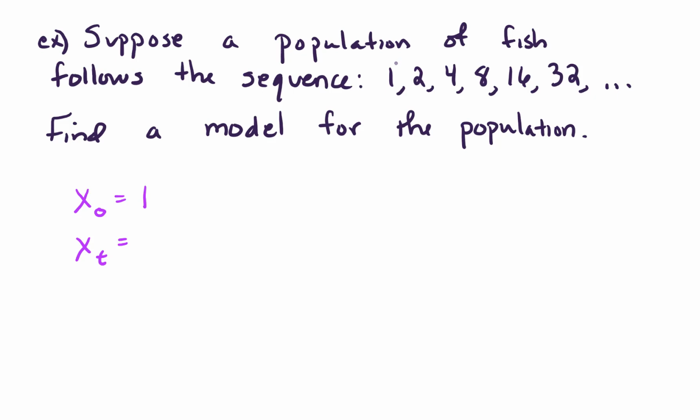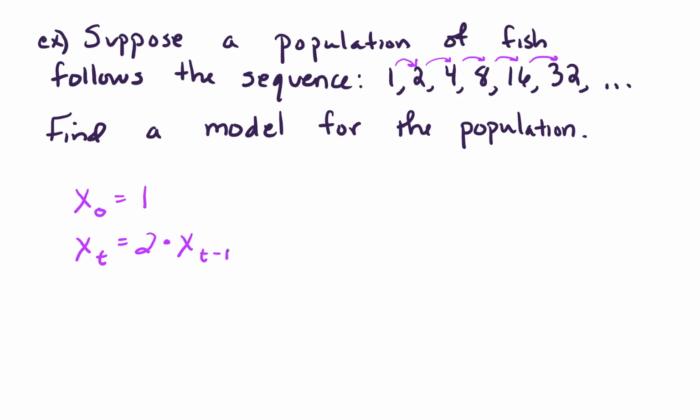What's the pattern here? How do we go from 1 to 2, or 2 to 4, or 4 to 8? How do we predict the future as a result of the past? If we look at the pattern, it looks like we're always multiplying by 2. So we could say x sub t equals 2 times x sub t minus 1. That would be a recurrence relation for this particular system.